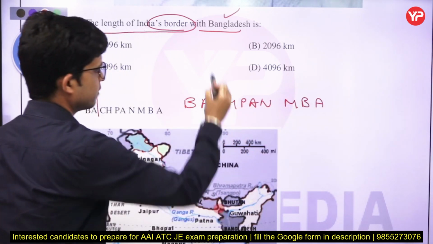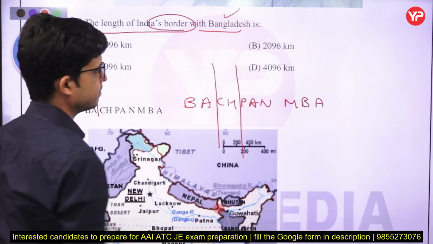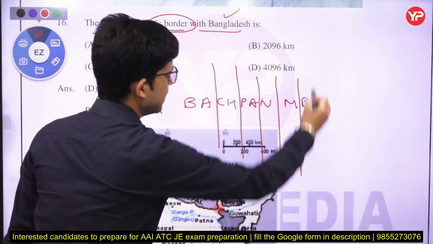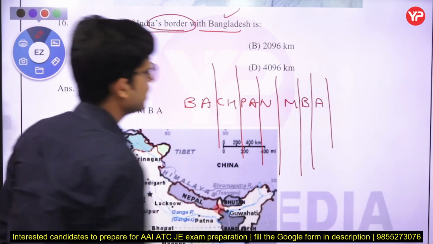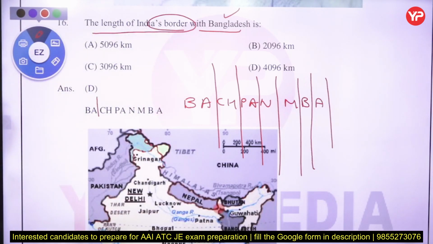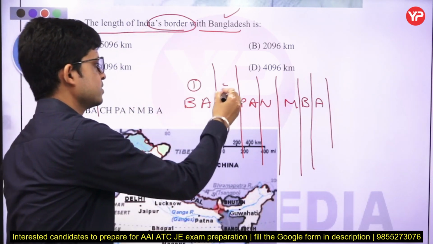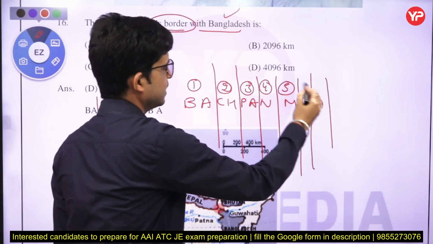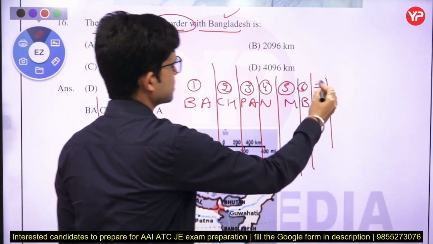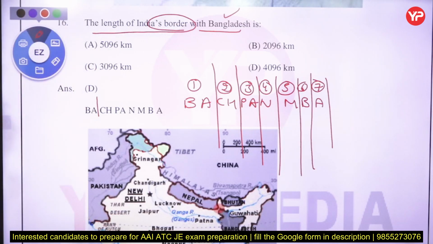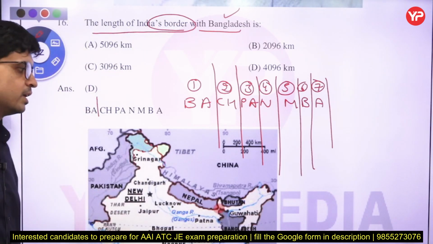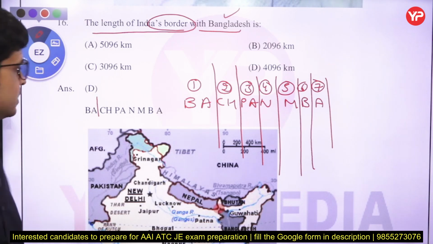So longest border with Bangladesh, second China, third Pakistan, then Nepal, then Myanmar, then Bhutan, and last is Afghanistan. These are the countries that make a border with India. Don't take Sri Lanka. It doesn't make a border with India.